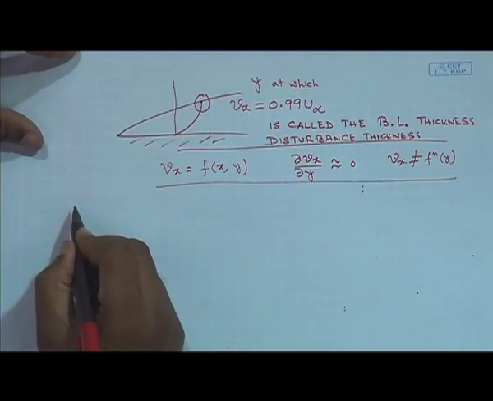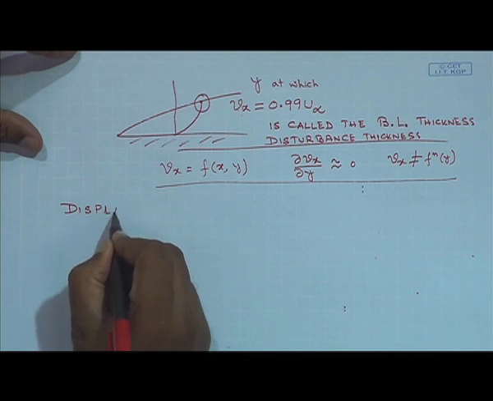If you try to think of an alternative method which is integral in nature, then that would probably give us a fairly decent error-free measurement of some sort of a boundary layer thickness, and that's what we are going to see next. So the next approach is known as the displacement thickness.